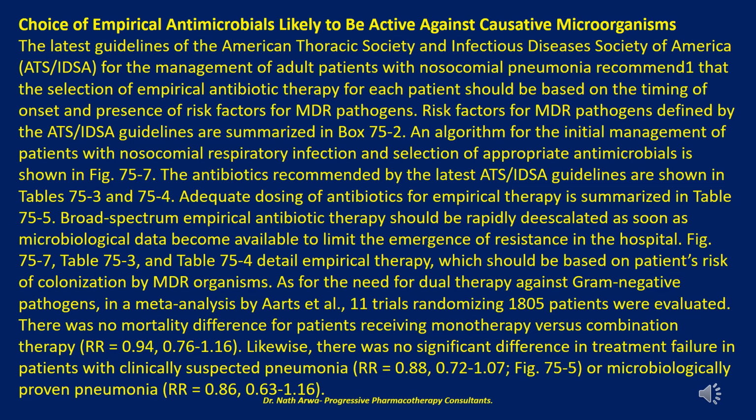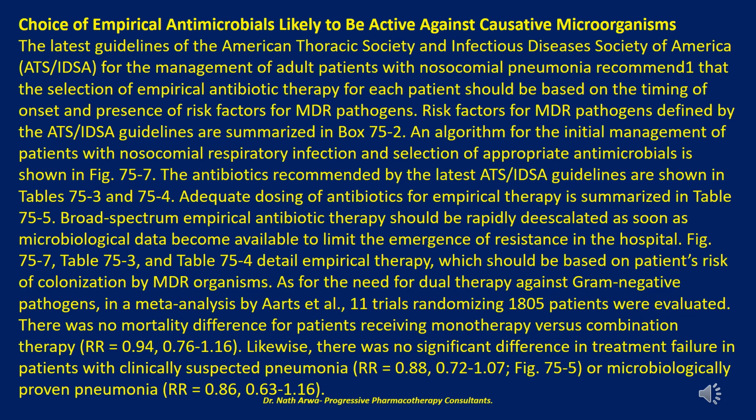An algorithm for the initial management of patients with nosocomial respiratory infection and selection of appropriate antimicrobials is shown in Figure 75-7. The antibiotics recommended by the latest ATS, IDSA guidelines are shown in Tables 75-3 and 75-4. Adequate dosing of antibiotics for empirical therapy is summarized in Table 75-5.